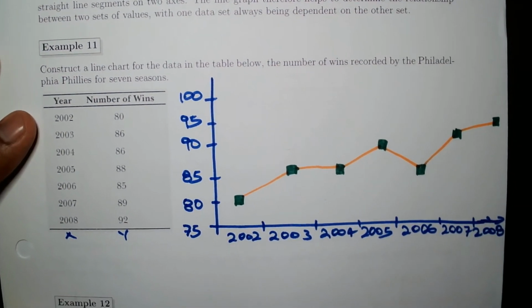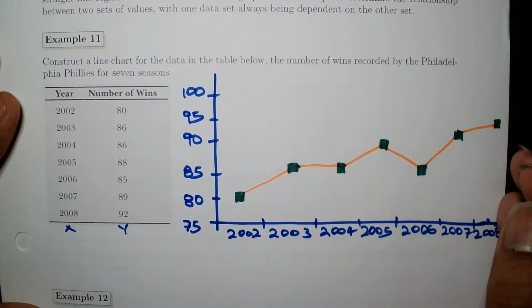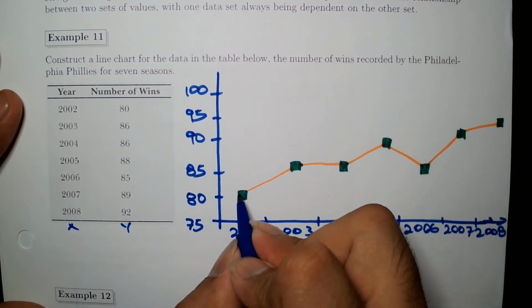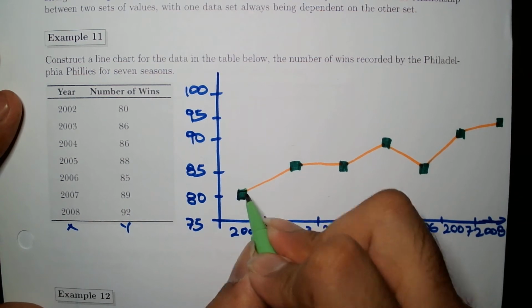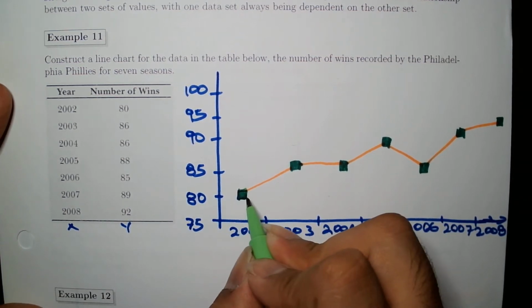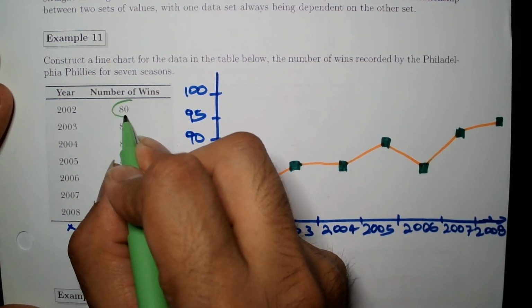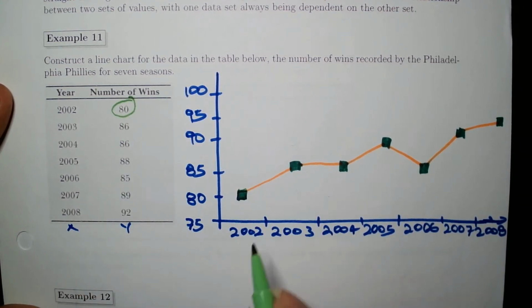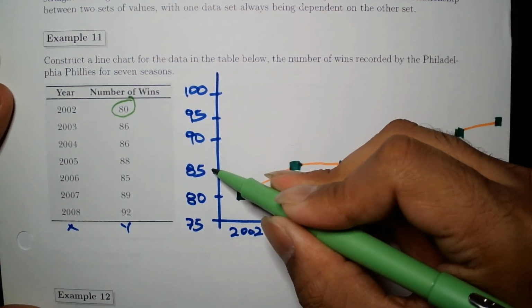So what we do is label 2002, 2003, 2004, etc. For this type of graph, we draw a box, not a bar, at a height that represents the frequencies or the total number of wins. In 2003 we had 86, so we go up to 86.